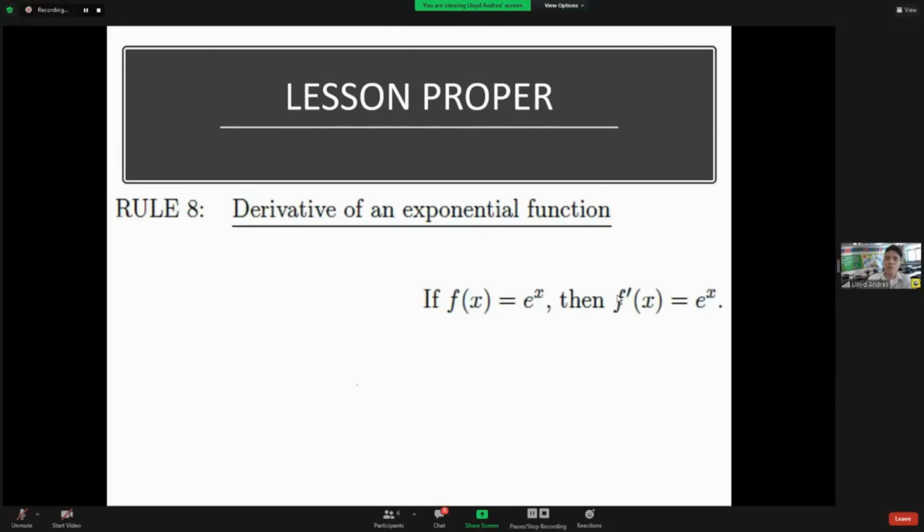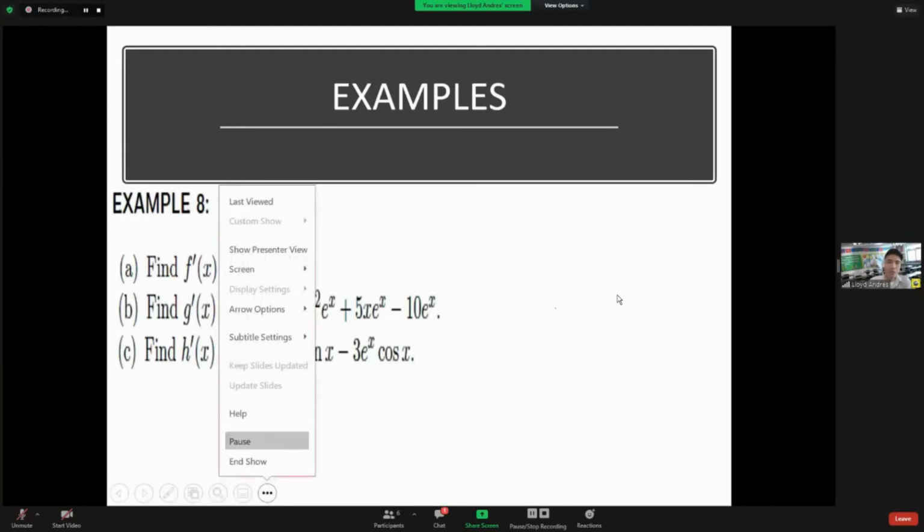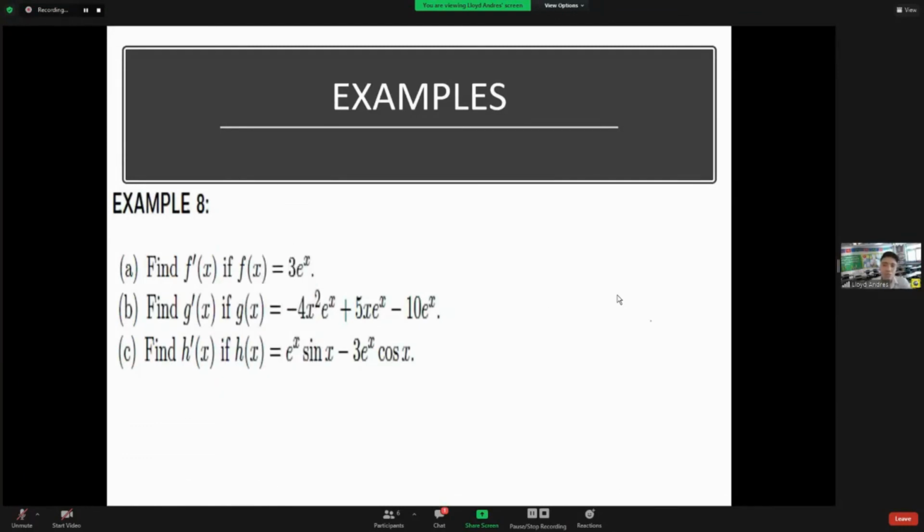It states that if f of x is equivalent to e raised to x, the derivative of f of x is e raised to x again. So meaning, the derivative of e raised to x is itself. For example, I have here one like this. We'll discuss just one.